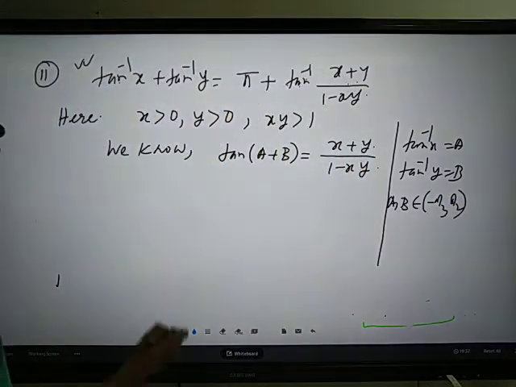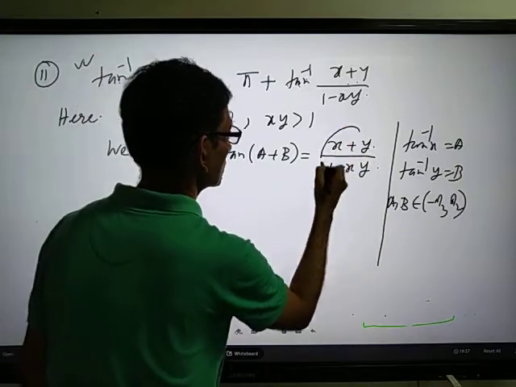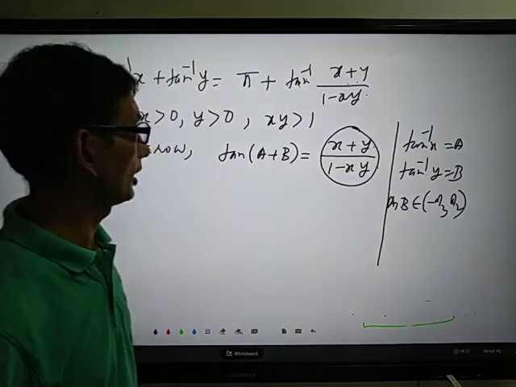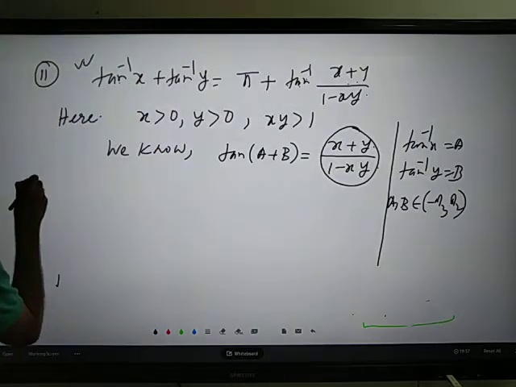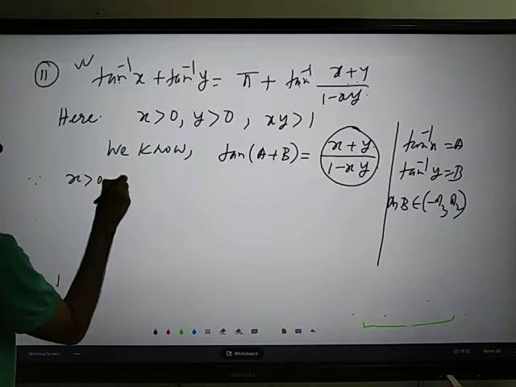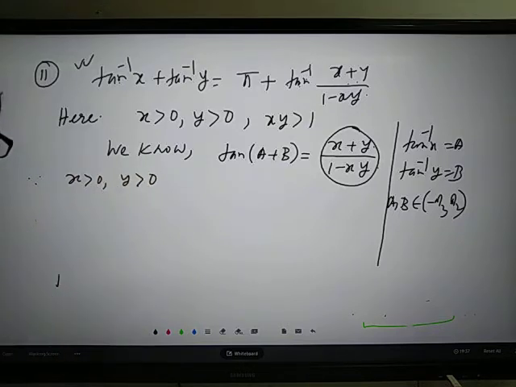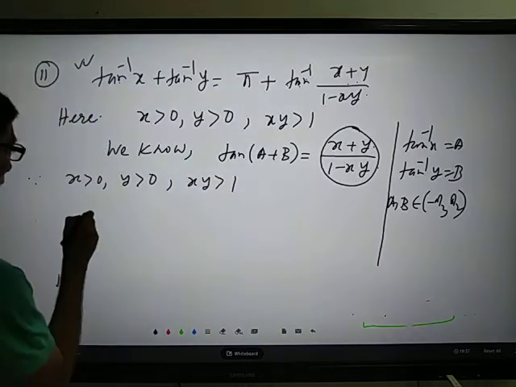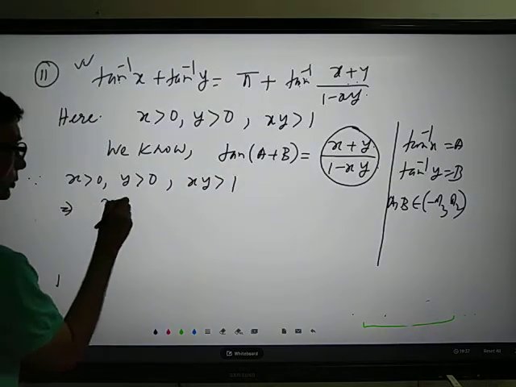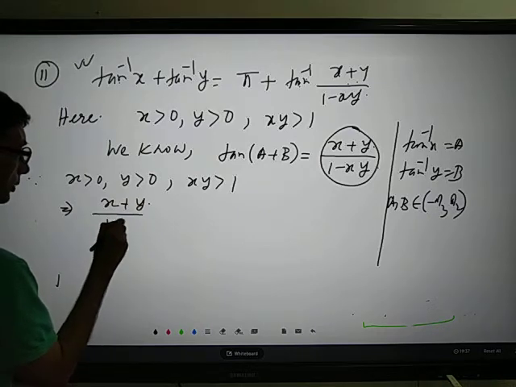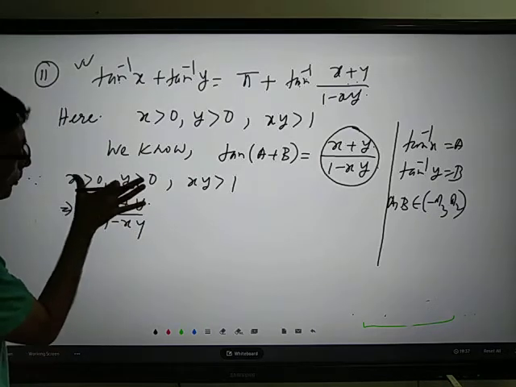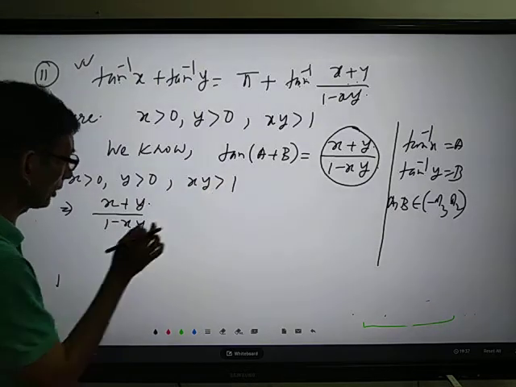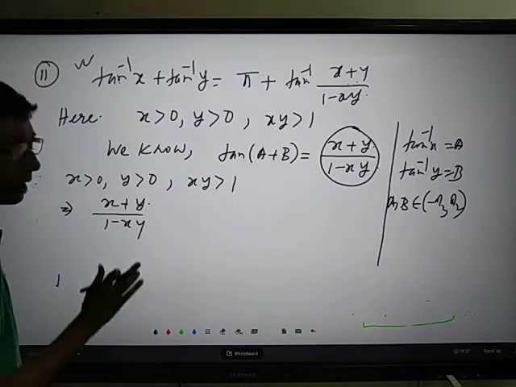Done. Now let us see the sign of the fraction (x plus y) divided by (1 minus xy). Since x is greater than 0, y is greater than 0, and xy is greater than 1, the numerator x plus y is positive. But have you seen this, xy is greater than 1, so 1 minus xy gives us a negative value.